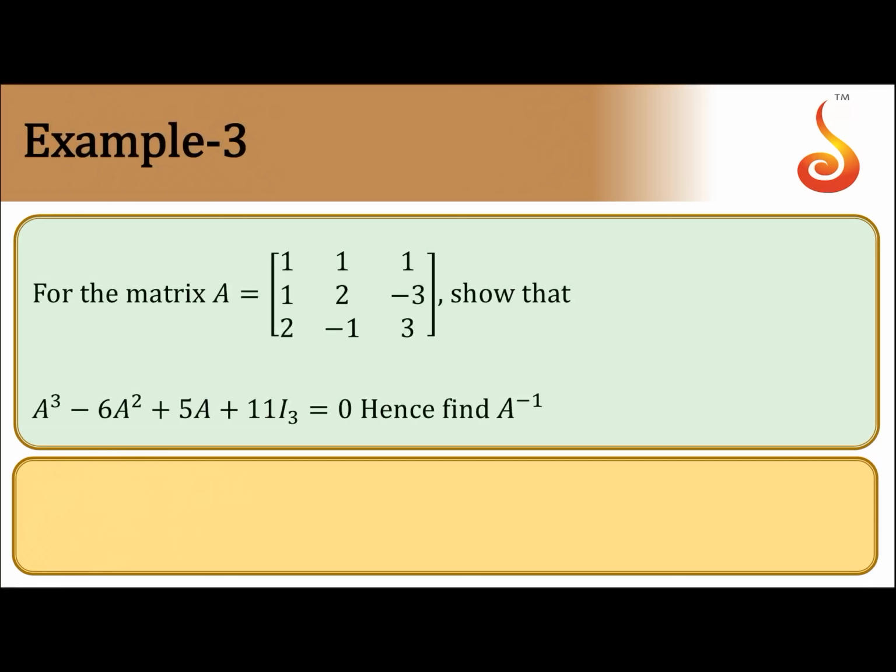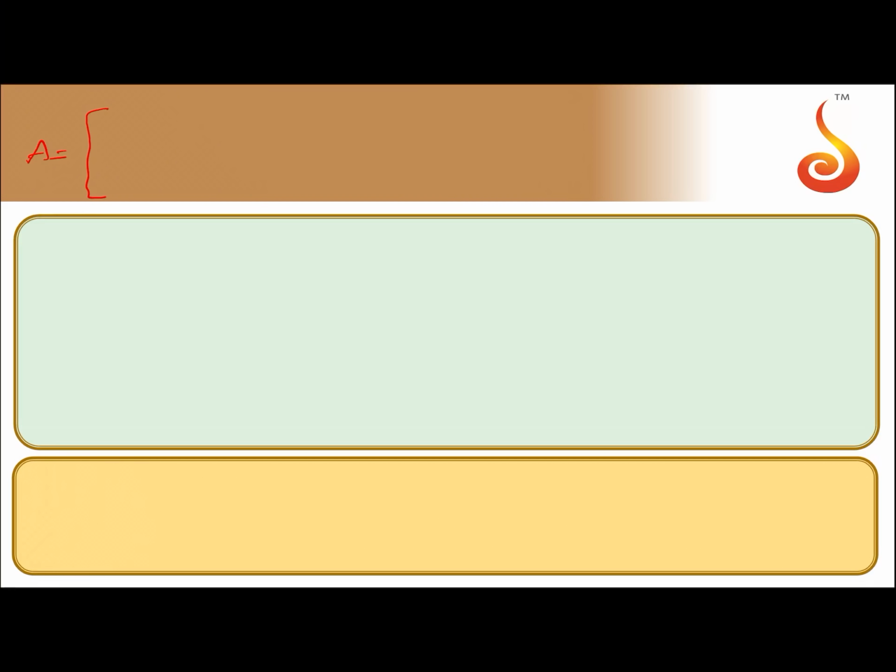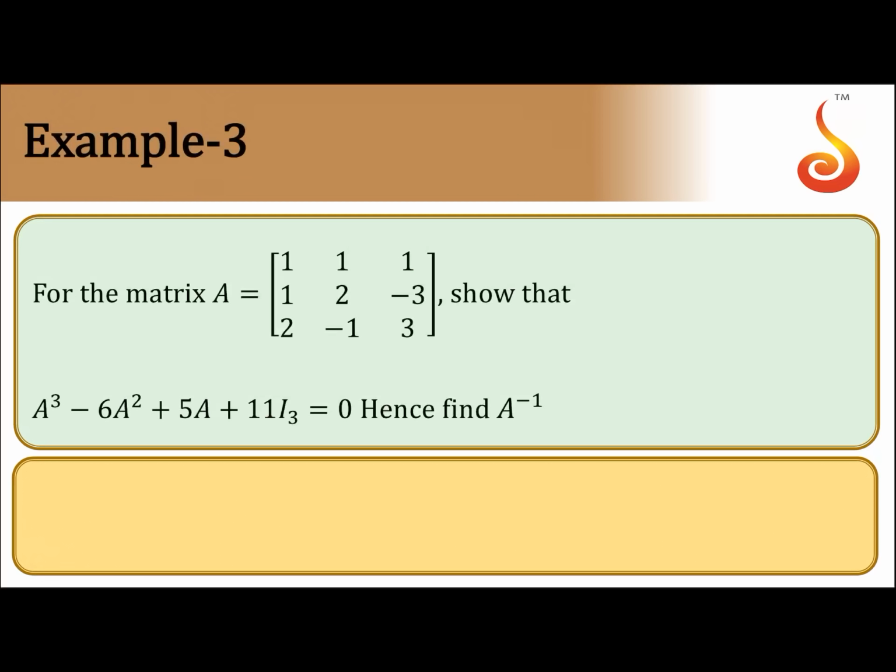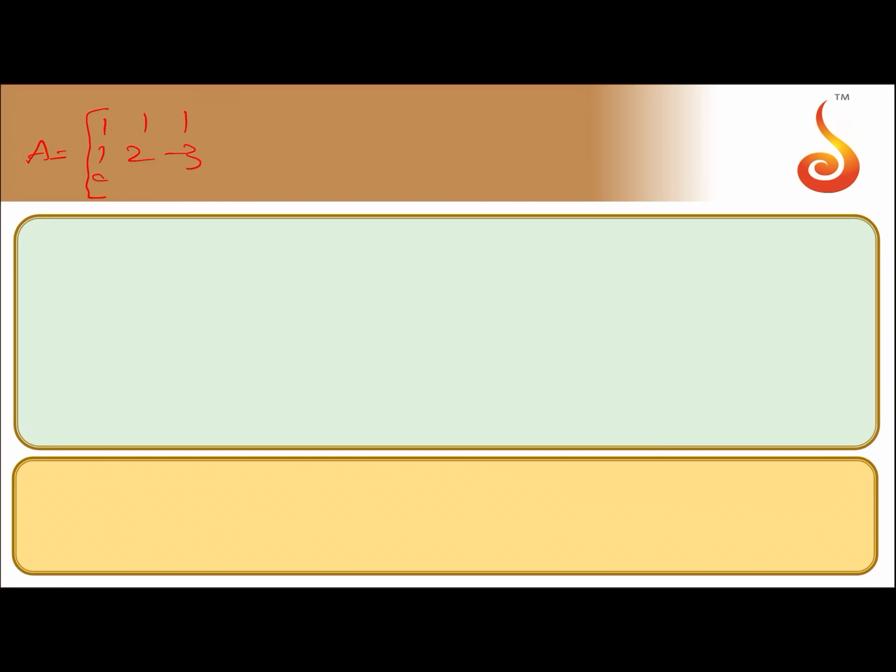Let me work out here. A matrix is given to you, so I'll write here A is equal to 1, 1, 1, 1, 2, minus 3, 2, minus 1, 3. This is the matrix.